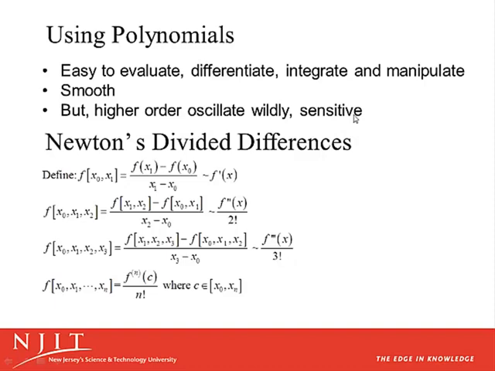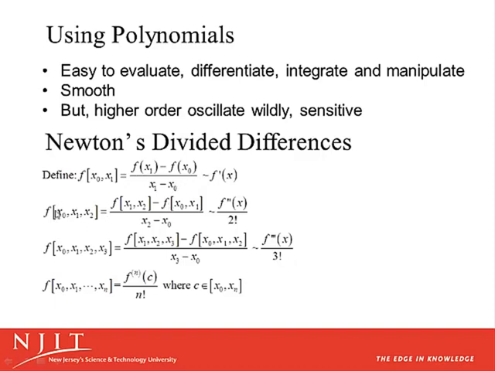In order to construct these Lagrange polynomials in a more straightforward way and in a way that enables us to use our earlier work as we build up higher degree polynomials, we can use the concept of Newton's divided differences, and these look kind of like derivatives. We say f of bracket x0, x1 is just the slope of the secant line connecting those 2 points, so that's approximately the derivative of the function.